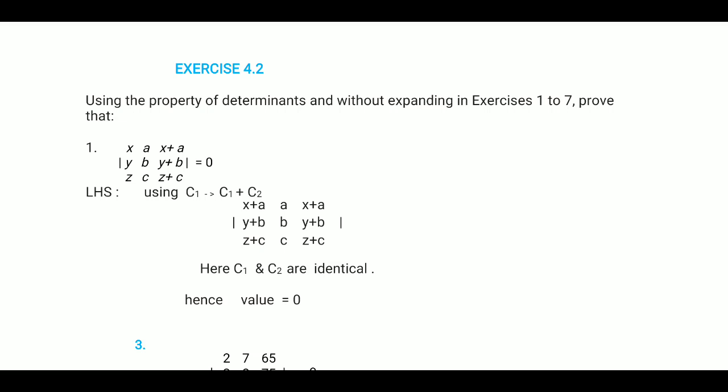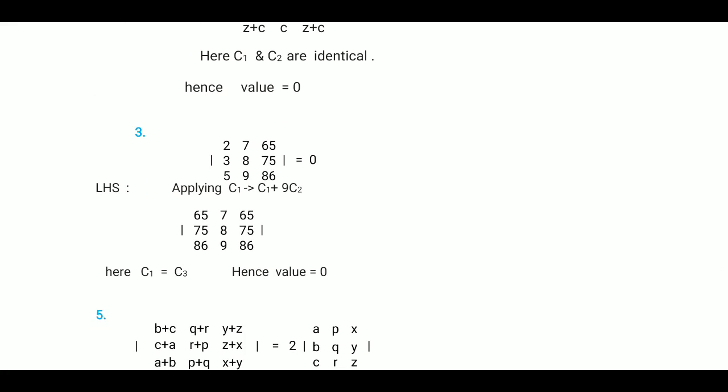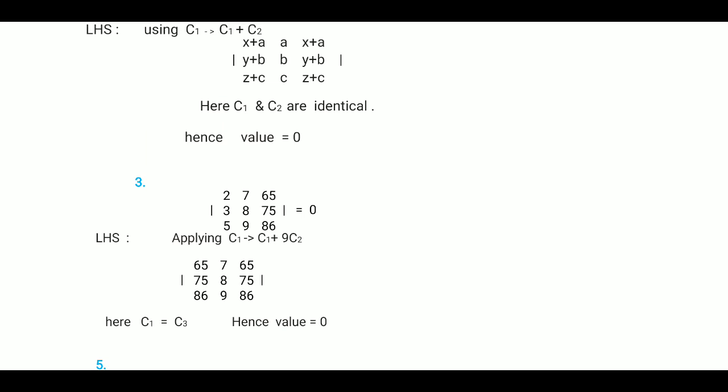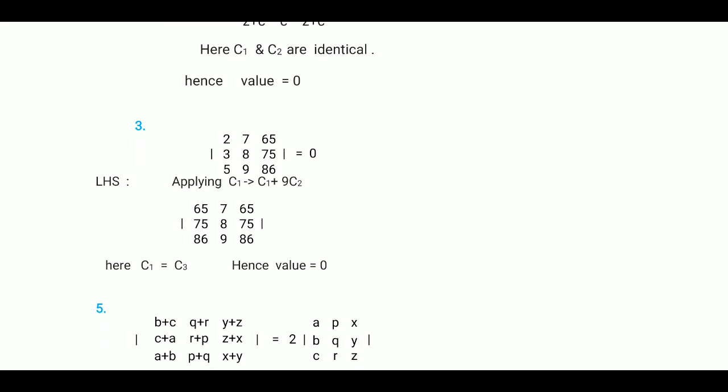So C1 becomes C1 plus C2, we get x plus a, y plus b, z plus c, a b c, x plus a, y plus b, z plus c. Here C1 and C2 are identical, so the value becomes 0 by the property that if two rows or two columns are identical, then the value is 0.